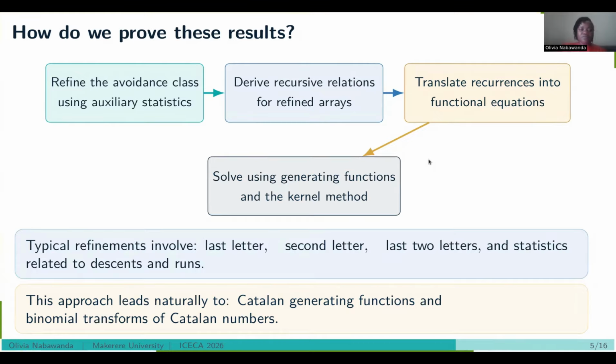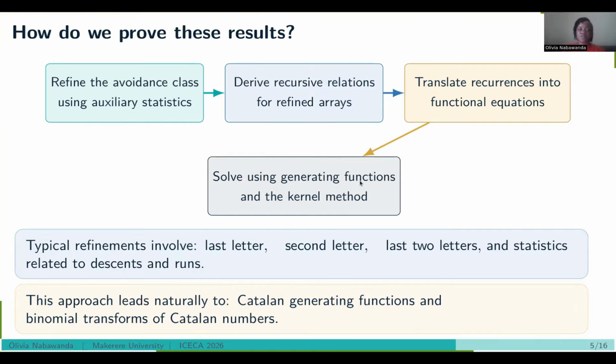How do we prove these results? We begin with the avoidance class using some statistics. With these statistics, we derive recursive relations. From these recursive relations, which also act as our functional equations, we find the generating functions using the kernel method.